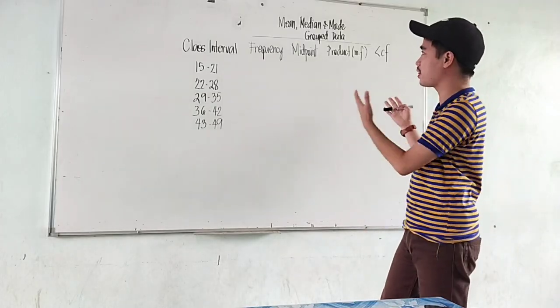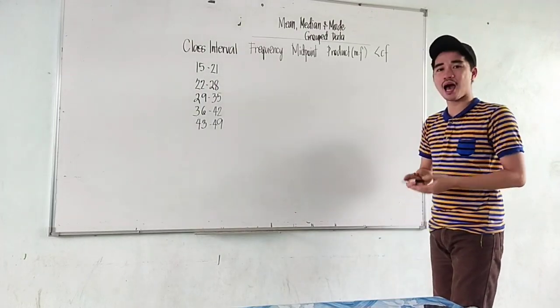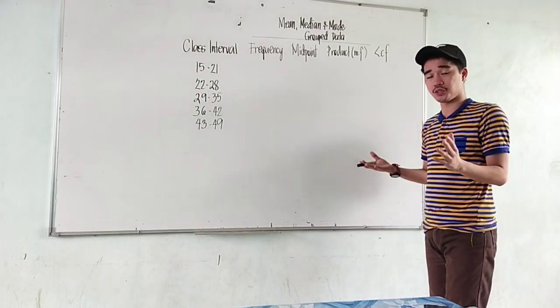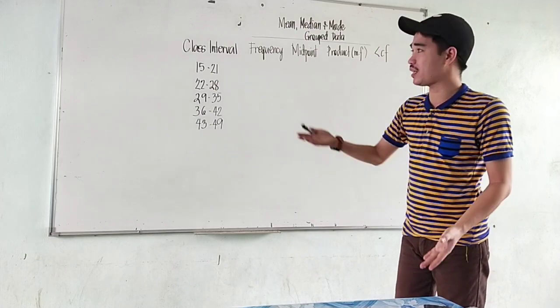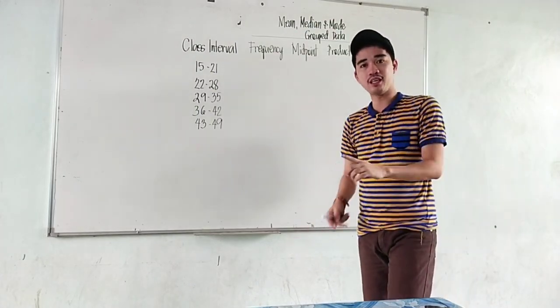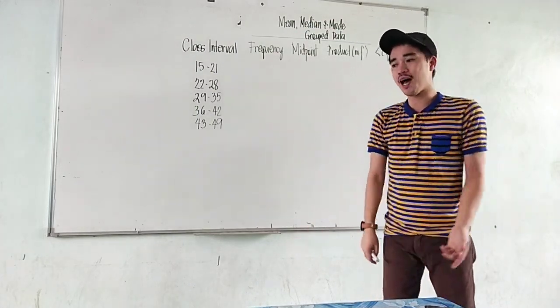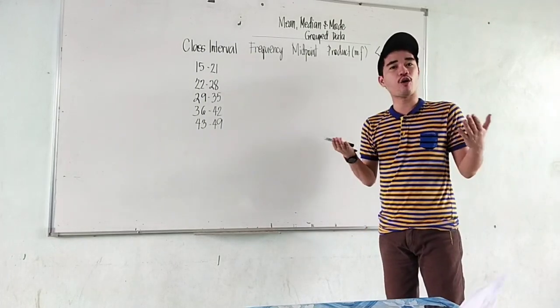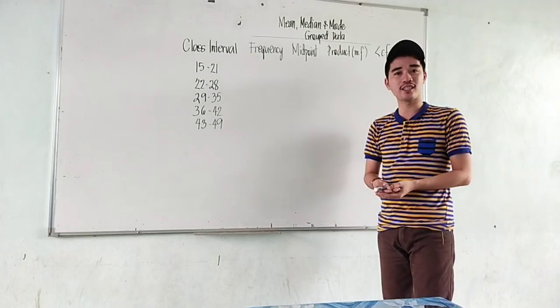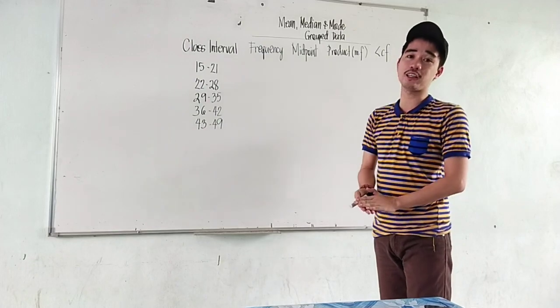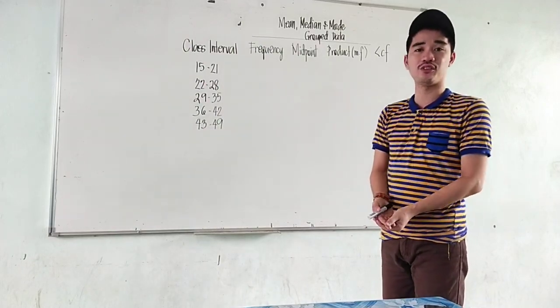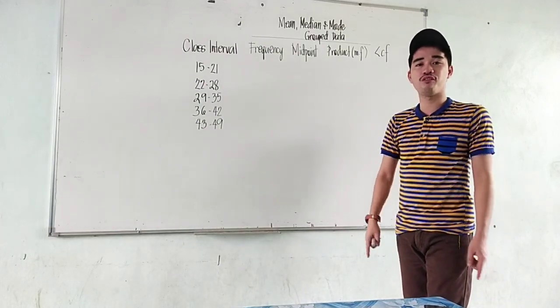As we present this information, I assume that we already have the class interval. Again, as we review, the class interval from the given set is the highest score minus the lowest score all over the classes that I want to have. Makikita po natin doon kung ilan po ang class interval sa previous ko pong video.